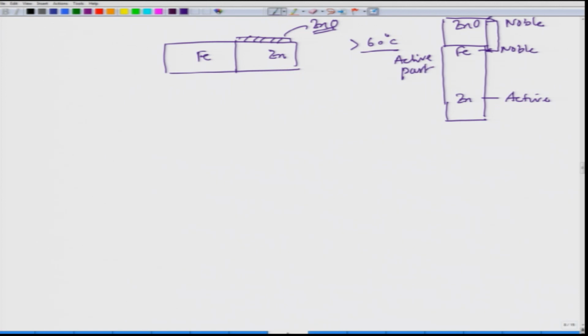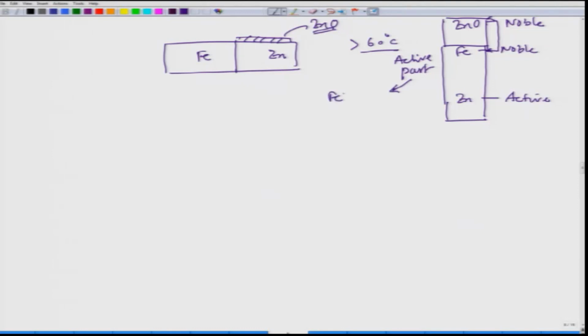So, that time iron would corrode and the zinc surface will be protected because of the presence of zinc oxide. So, in that particular series, zinc oxide stays above iron. So, zinc oxide would act as cathode and iron surface would act as anode, and that time iron would leave electrons and form iron 2 plus. So, the corrosion of iron would increase.